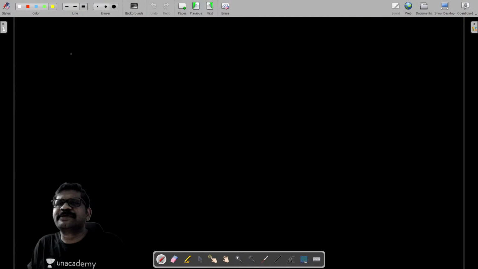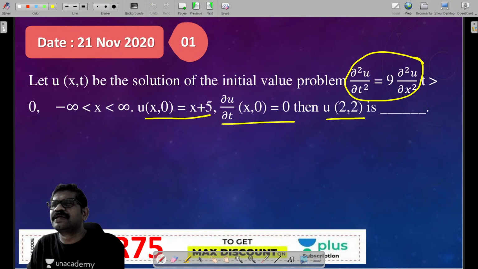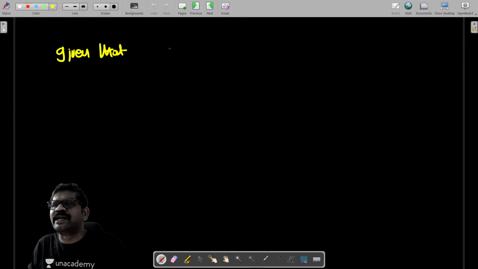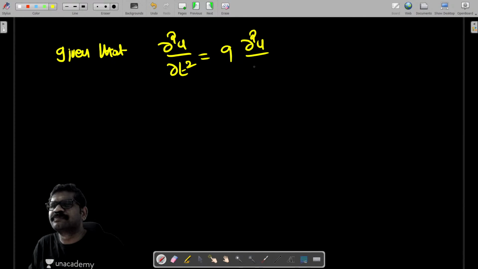Given that del square u by del t square equal to 9 into del square u by del x square. Call it equation 1.